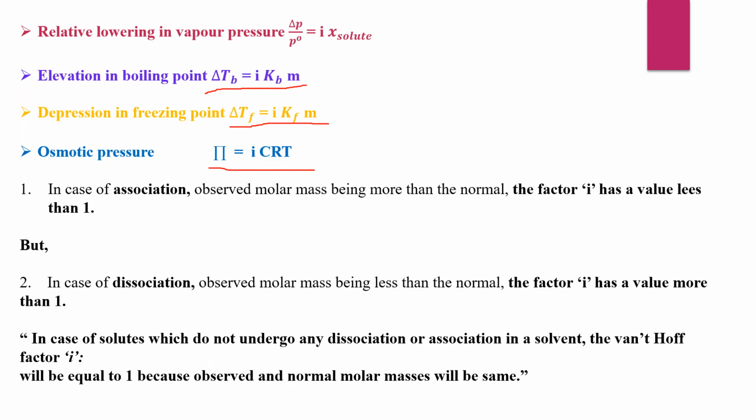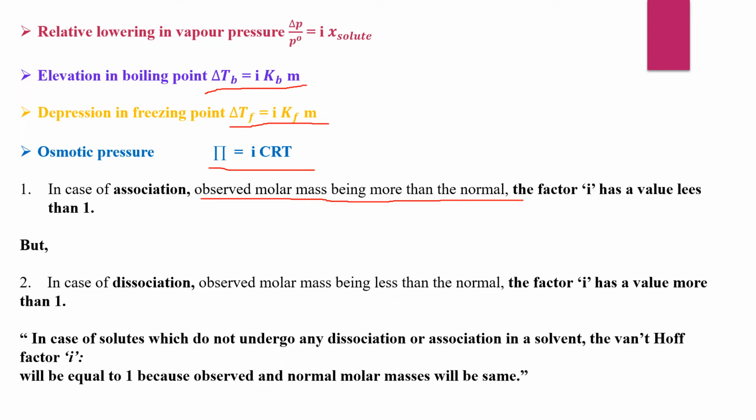Now, in case of association of solute molecules, the observed molar mass is more than the normal molar mass. Why is it so?